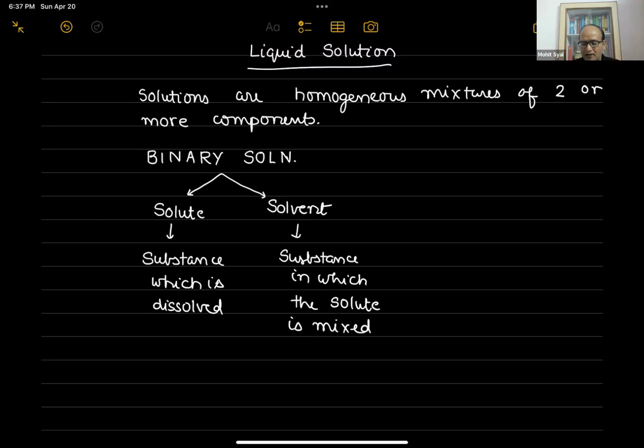Actually, a binary solution can be solid and liquid solution, in which the solute is solid and the solvent is liquid, right? It can be liquid solution, or it can be gas dissolved in liquid.